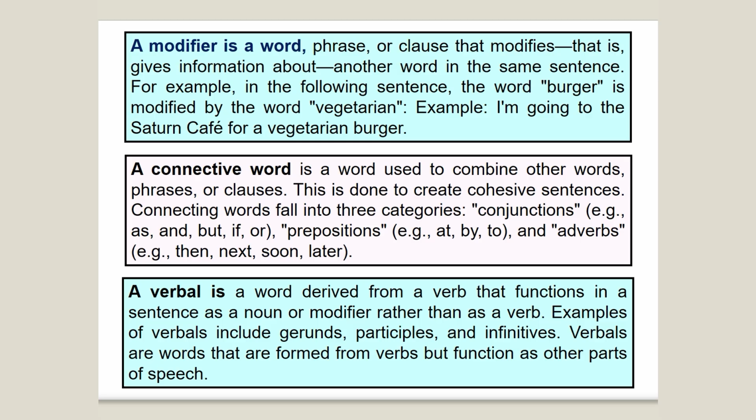For example, in the following sentence, the word burger is modified by the word vegetarian: I am going to the Saturn Cafe for a vegetarian burger. So here vegetarian is the modifier. In this way, if you face such sentences, you can understand the modifier words, because they deal with the words they describe.